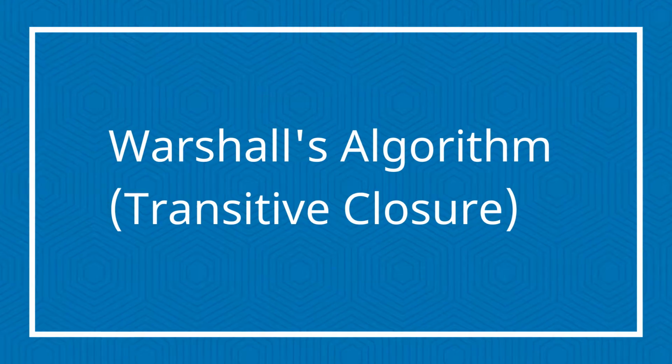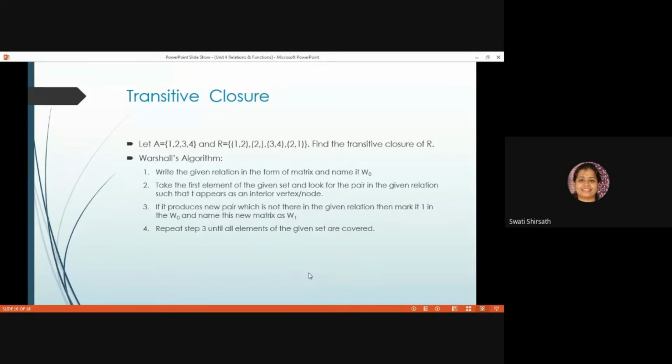To find the transitive closure of a given relation, we have to check all the combinations. So let's see. A is equal to {1, 2, 3, 4}.